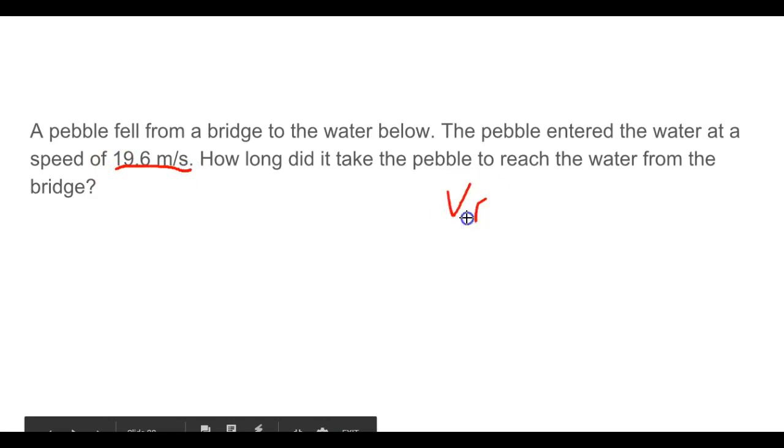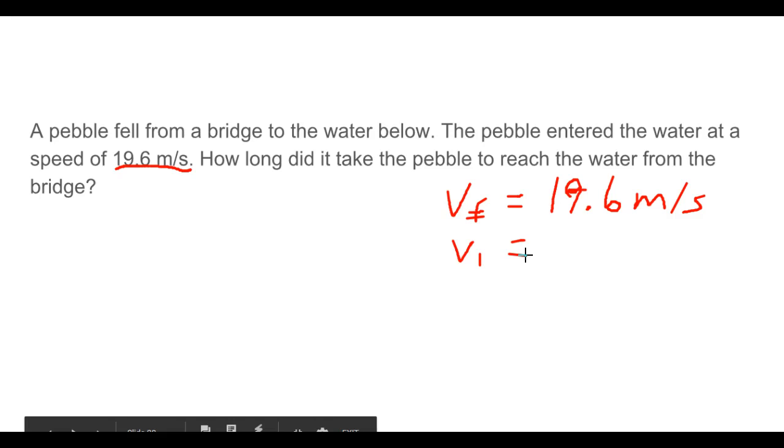So that's my final velocity. I'm going to leave VI blank for just a second so that we can fill that in, because we do know that.